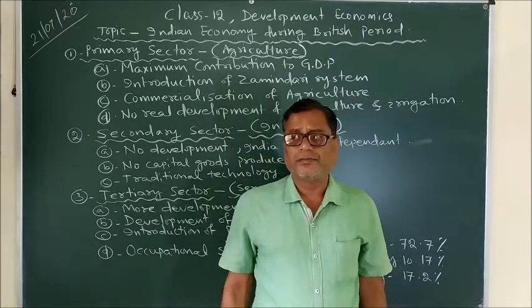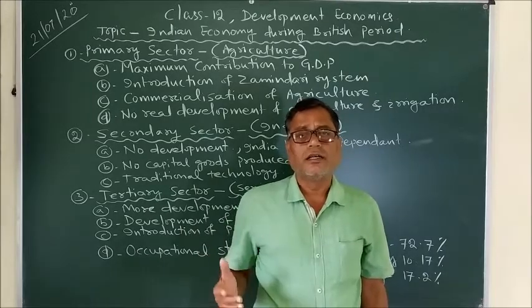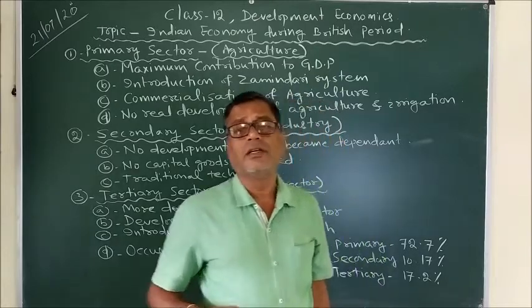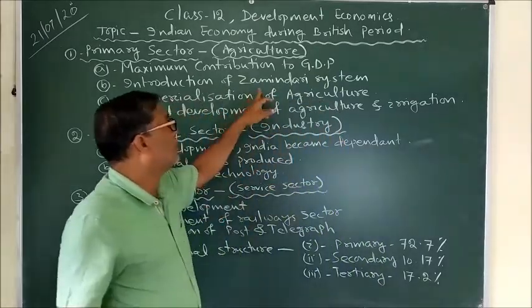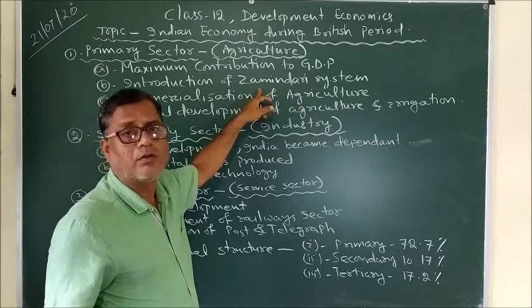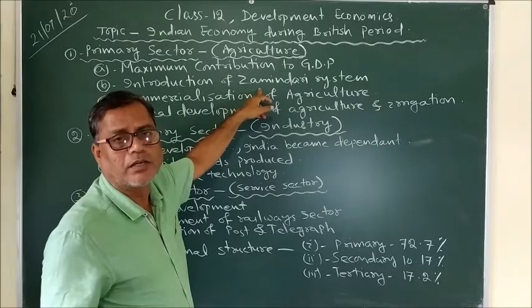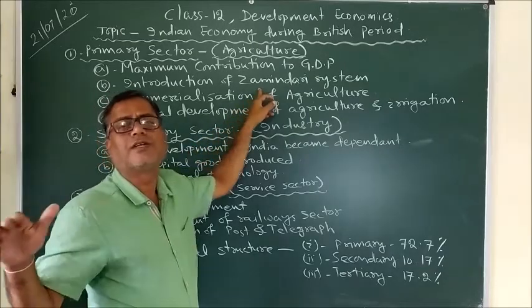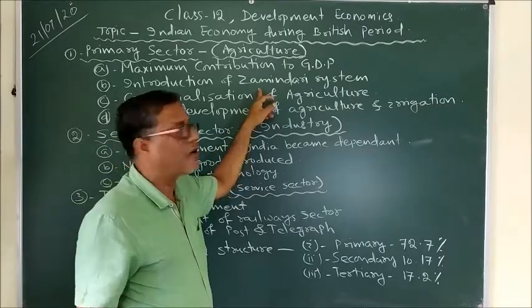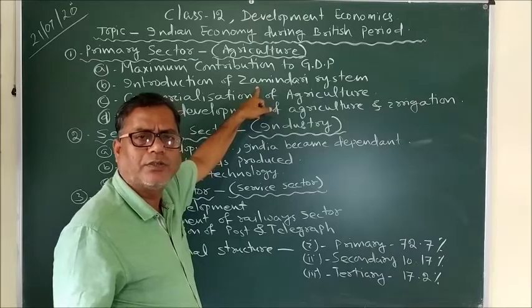The British made such policy that the activity of agriculture became commercialized, and cash crops were cultivated more. No doubt it might give more income to the farmers, but the self-sufficiency of the farmers was destroyed. And what were the primary crops that you know?